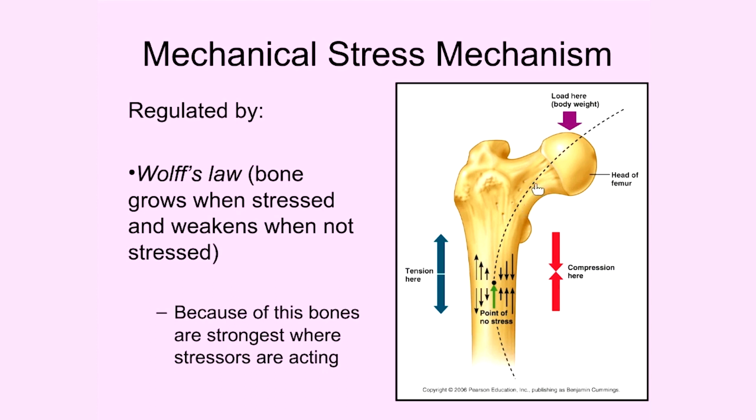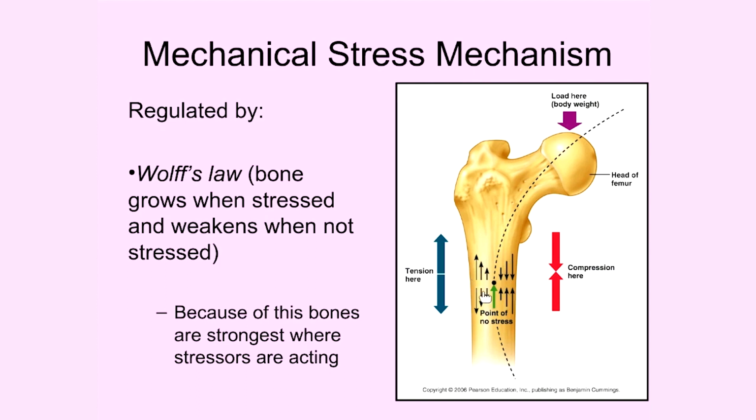Over here on this other side of the bone, it's actually being pulled apart. So it's being stressed in that way. There's a lot of tension. There's a lot of pulling forces on the bone on that side, the side opposite where the load's actually being applied from the torso. If you look right here, these arrows are representing compressive forces, things being smushed together over here, and pulling forces, things being stretched apart over here.